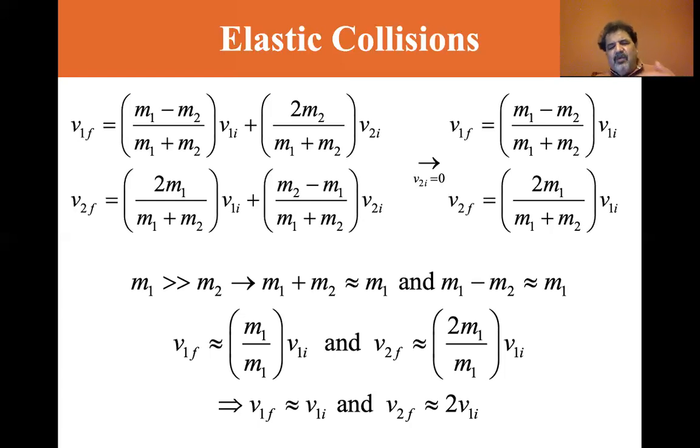We can't quite play with that with the Walter Fent because we can't make it that much larger. An example would be a moving uranium atom striking a hydrogen atom at rest, because the uranium is so much larger than the hydrogen.